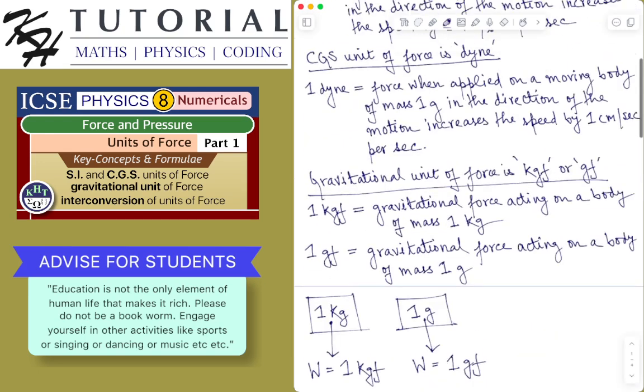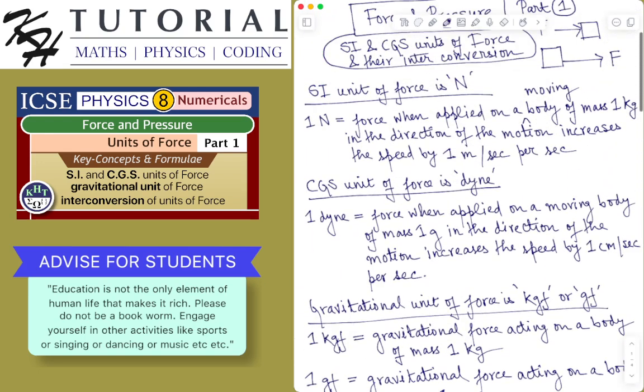By the way, 1 Newton is also defined as 1 kilogram meter per second square. So 1 Newton is equal to 1 kilogram meter per second square.